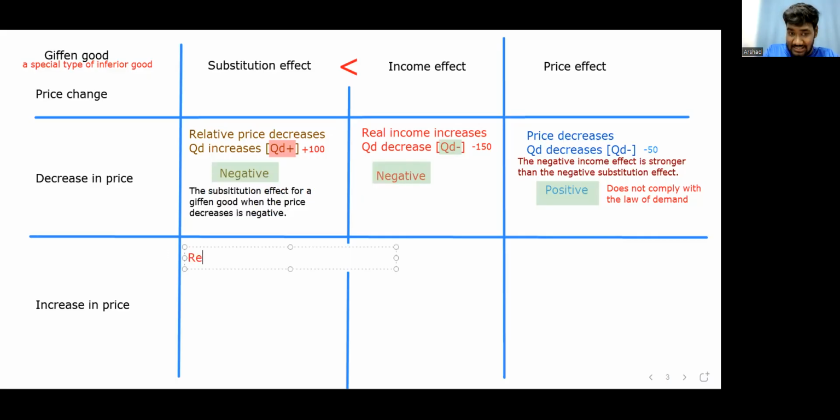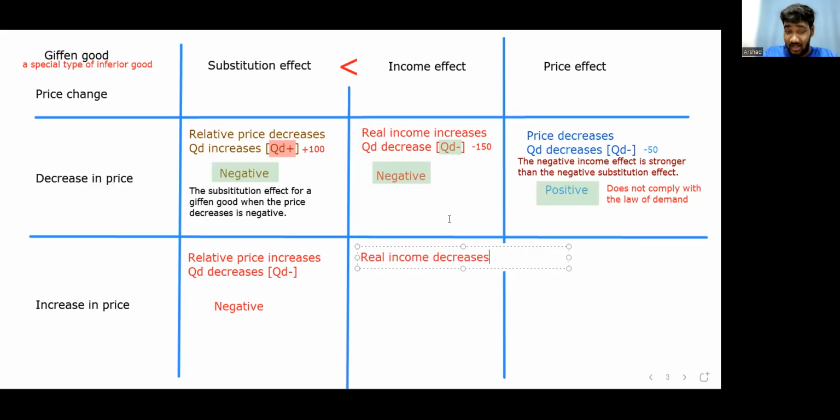When the price increases, the relative price increases and the good becomes more expensive. When the relative price increases, people buy less of it. QD decreases. What type of relationship? Negative. What happens when price increases? Real income decreases; your purchasing power has gone down because the price has gone up.